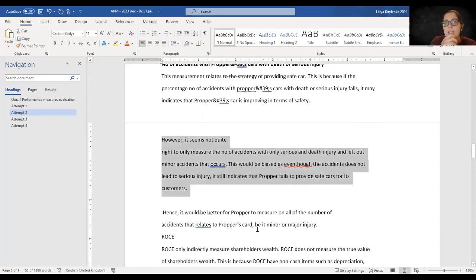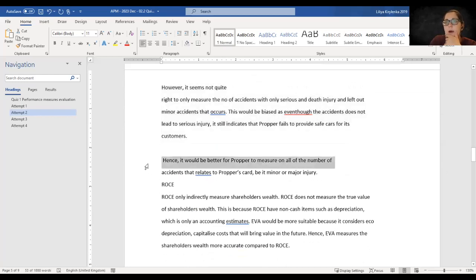What you could have said is that, however, customers perceive that cars are safe when they prevent different types of injuries, not just major ones. As such, this metric doesn't measure the mission part entirely.